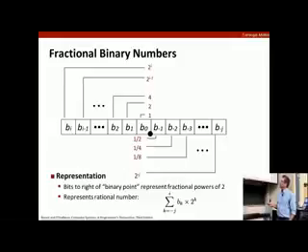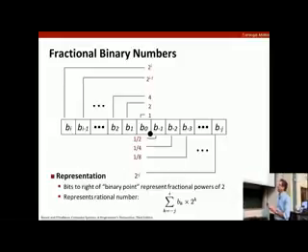So in this case, you have a binary point, and to the left of the binary point, you have bit positions representing powers of 2. So 2 to the 0, 2 to the 1, 2 to the 2: 1, 2, 4, and so on. And to the right of the binary point, you have 2 to the -1, 1/2, 2 to the -2, 1/4, 2 to the -3, 1/8, and so on.